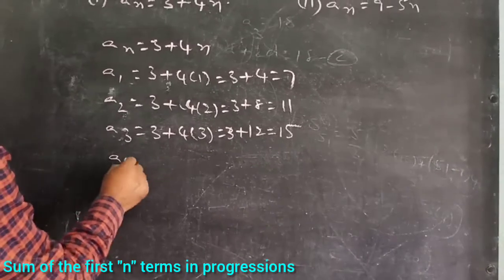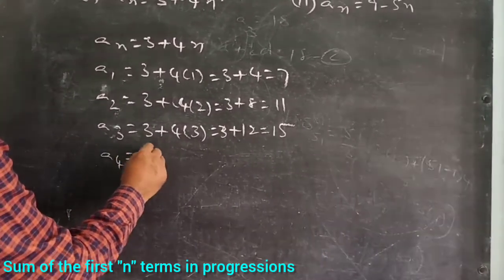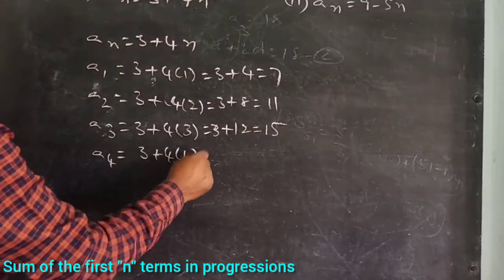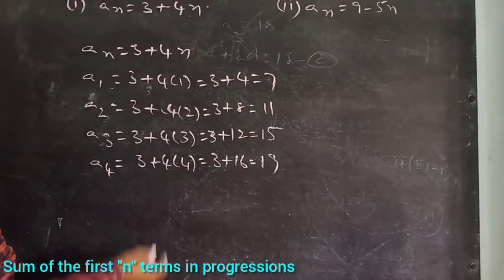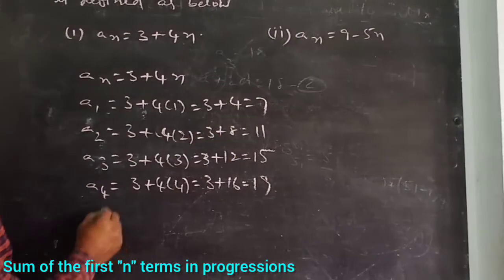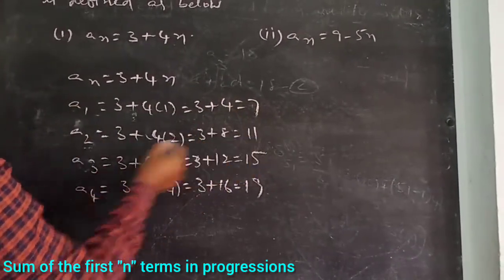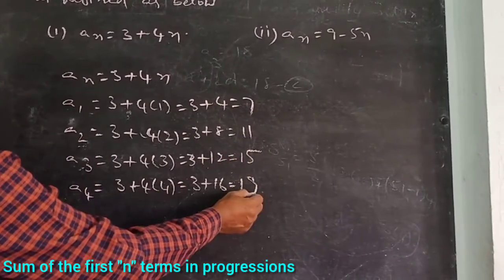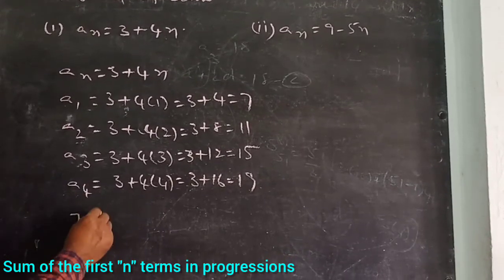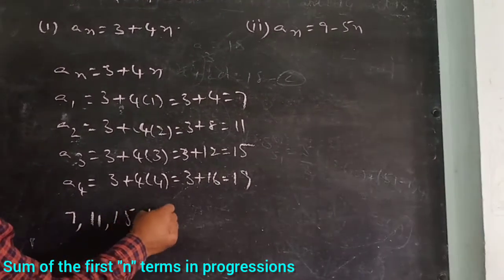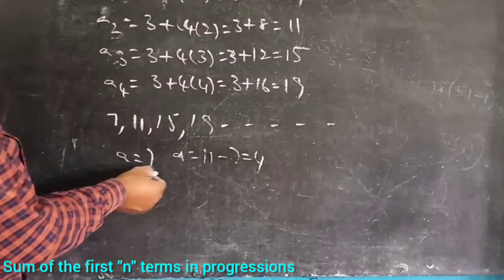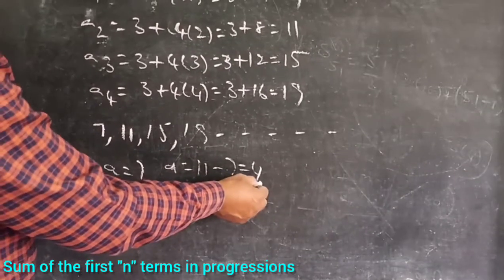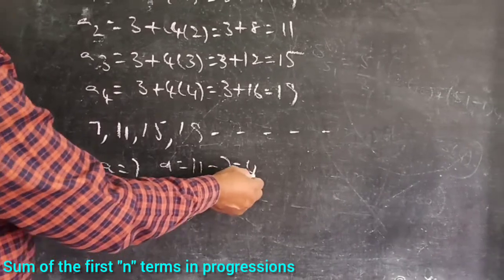Then a4 is equal to 3 plus 4 into 4, then 3 plus 16 is equal to 19. So what is the series? First term is 7, second term is 11, third term is 15, fourth term is 19. So 7, 11, 15, 19 and so on. So d is 11 minus 7 equal to 4, a2 minus 7 equal to 4.